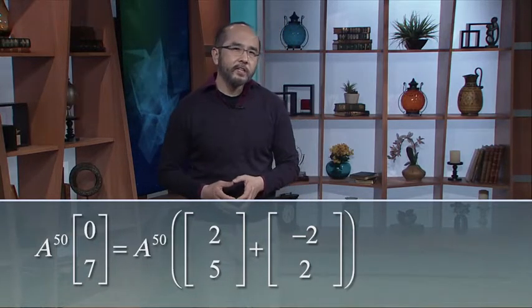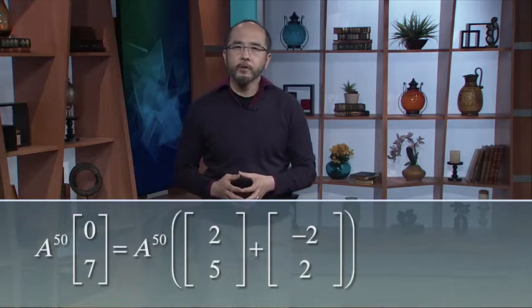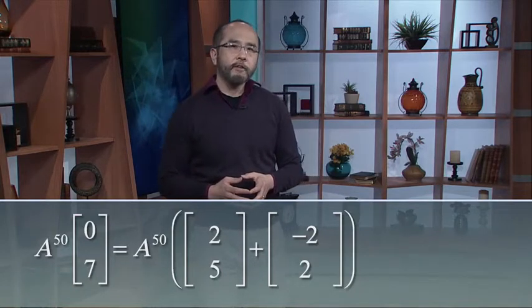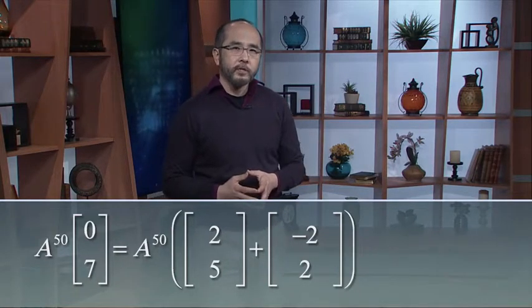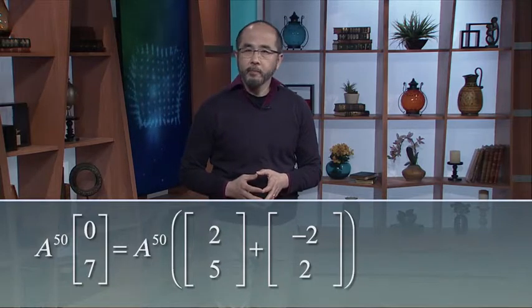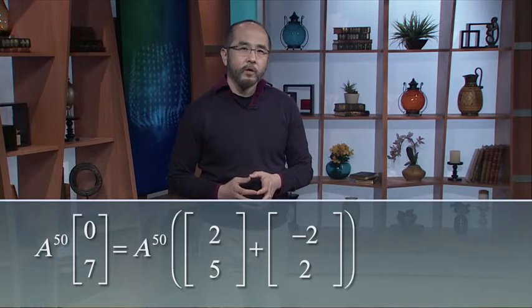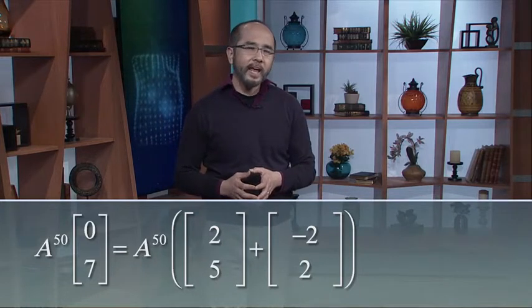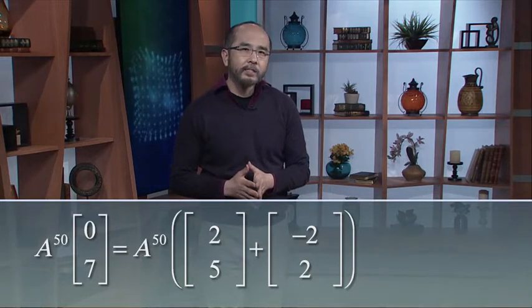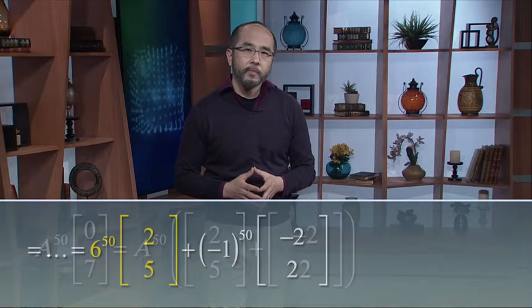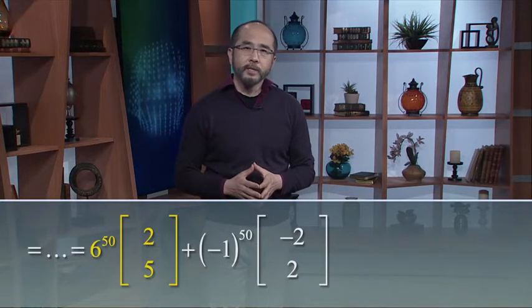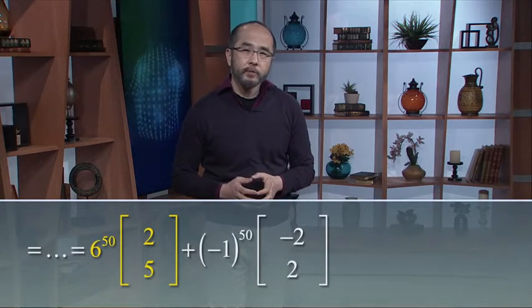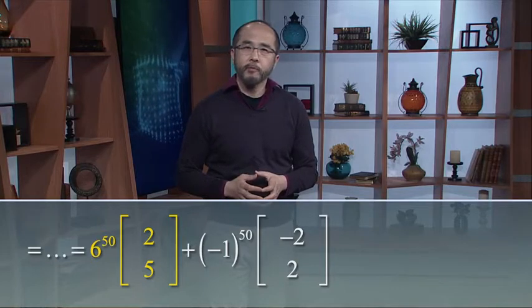This means that A to the 50th times (0, 7) is A to the 50th times the sum of (2, 5) and (-2, 2), which, by linearity, is just the matrix A to the 50th acting on each piece of the sum. The first part is 6 to the 50th times (2, 5), which we saw before.